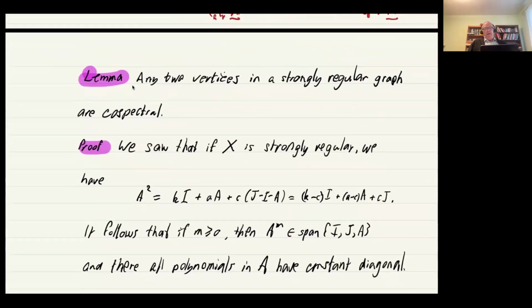Now, before we get onto that, what about examples of cospectral vertices? Well, you've seen some. I talked about similar and pseudo-similar vertices. But any two vertices in a strongly regular graph are cospectral.